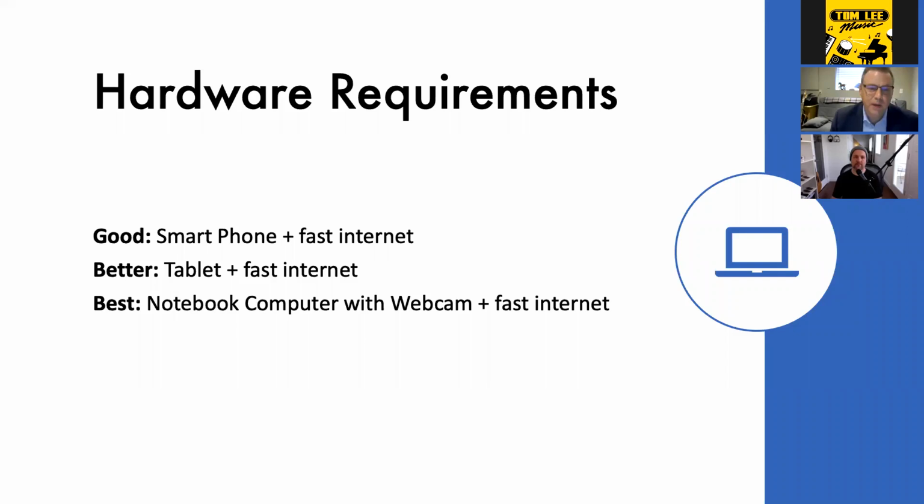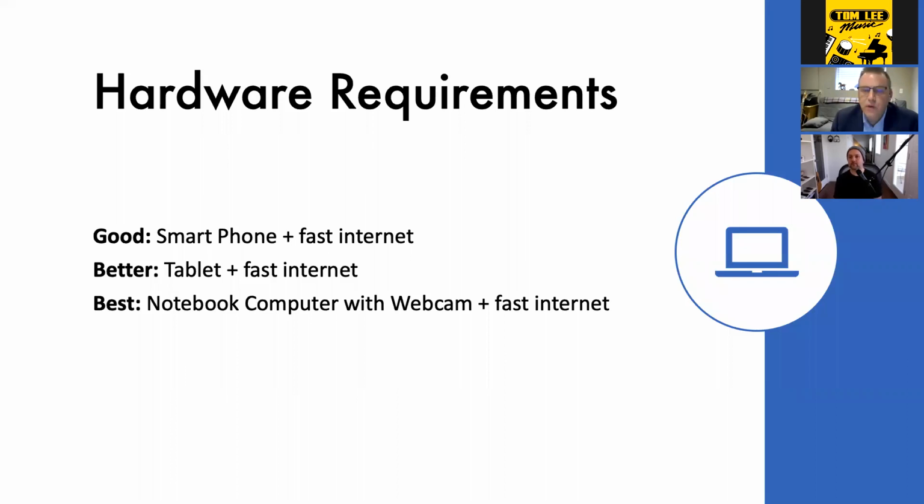Okay, so the best solution would be a notebook computer or a desktop computer, and then a webcam that generally has a built-in microphone. The pros of using an actual computer is, first of all, the larger screen. It provides for better audio and video quality, and particularly if you're using Zoom, which we'll talk about, it gives you the option of uncompressed or original audio.